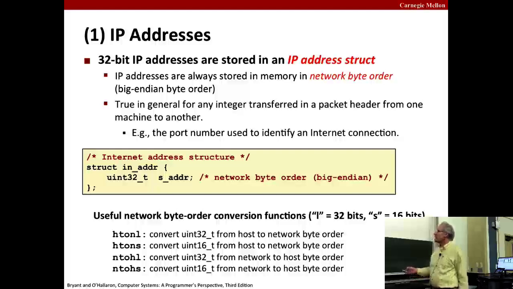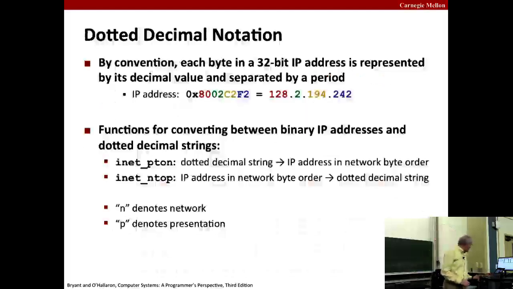So anyways, these are some functions you'll start seeing that look like network conversion software. And as I mentioned, the addresses are written in dotted decimal form, and it's also big Endian.